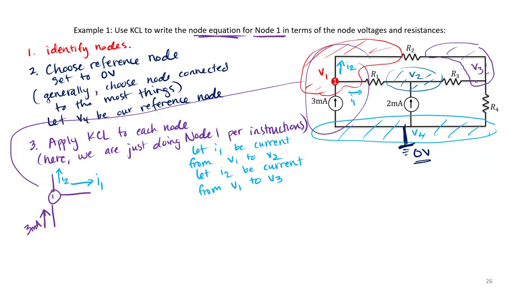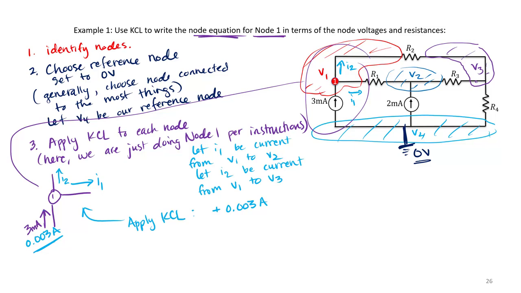So now we can go ahead and apply Kirchhoff's current law. We have 3 milliamps entering. I'm going to change that to 0.003 amps. So notice the 3 milliamps is entering, so it gets a positive sign.